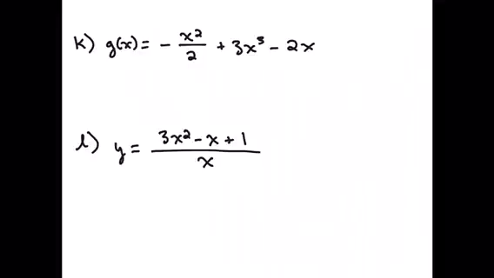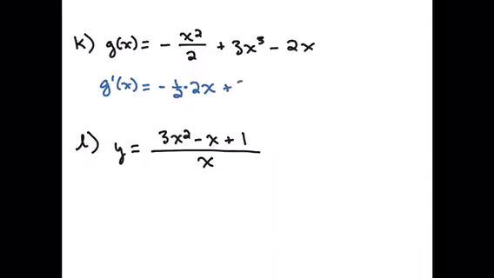Okay, again, we have multiple terms. We're going to take the derivative of each one. So the derivative of my first term, I have a negative 1/2 out front, and then I'm taking the derivative of x squared, so I get a 2 times x to the 1.